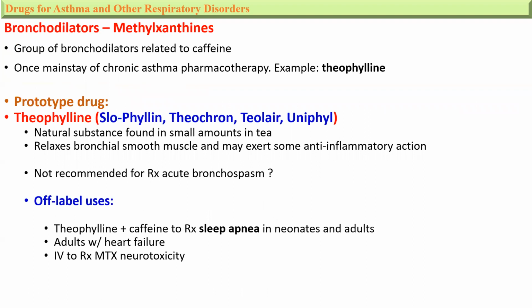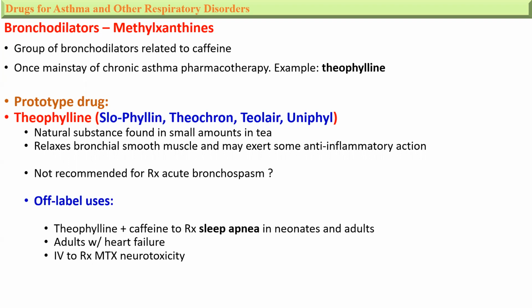Theophylline is a group of bronchodilators that also treat asthma. It's related to caffeine. Theophylline is an example of the methylxanthines, which were historically the mainstay of chronic asthma pharmacotherapy.